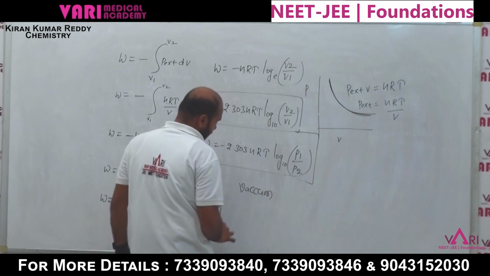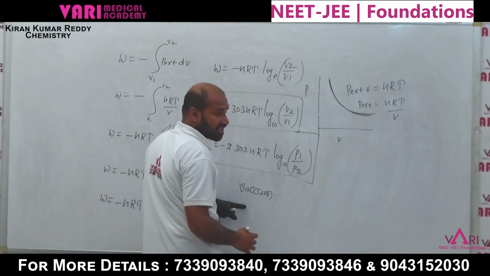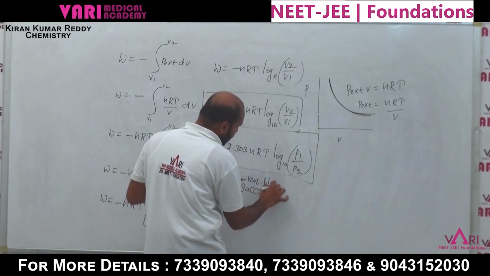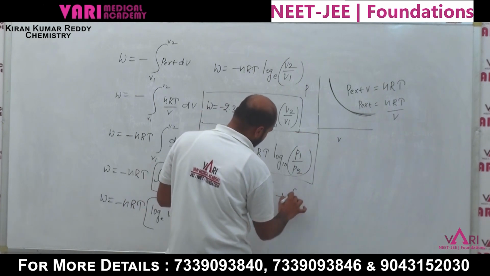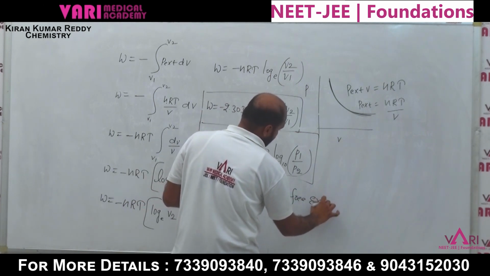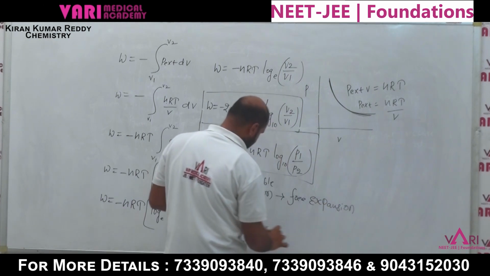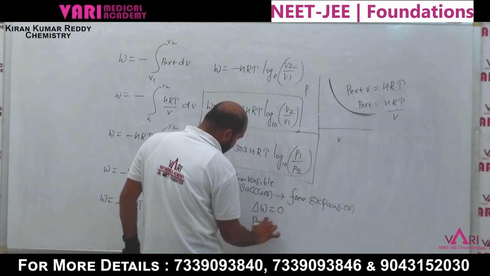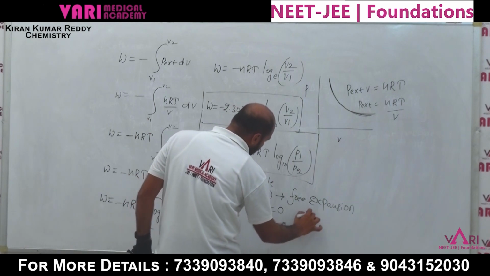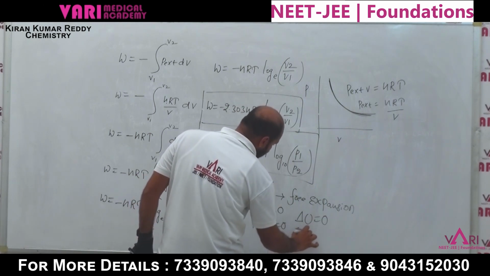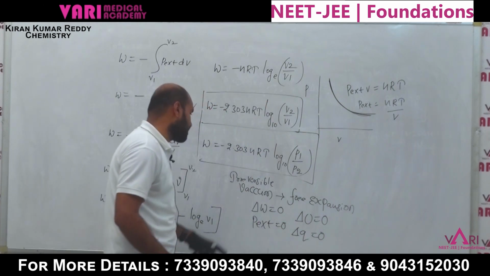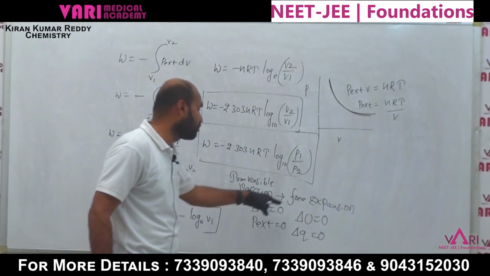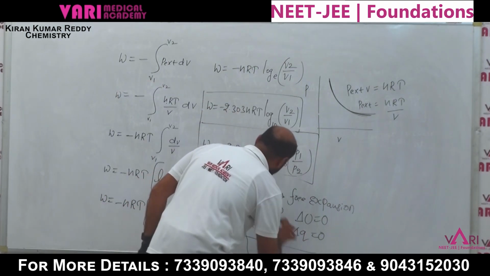In vacuum, irreversible free expansion of gas, delta W is equal to 0. Now P external is 0, delta U is 0, and delta Q is also 0. In the case of irreversible expansion of gas in vacuum, free expansion, these are all 0.